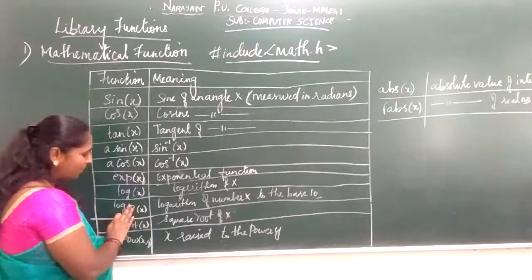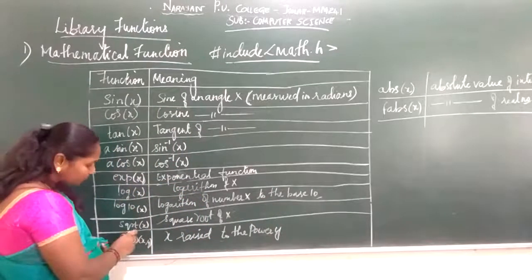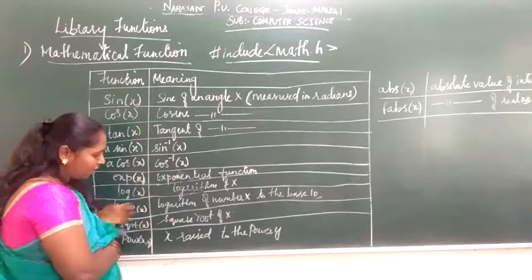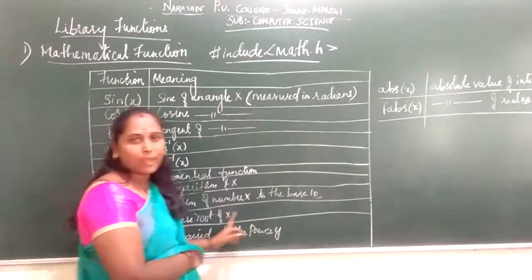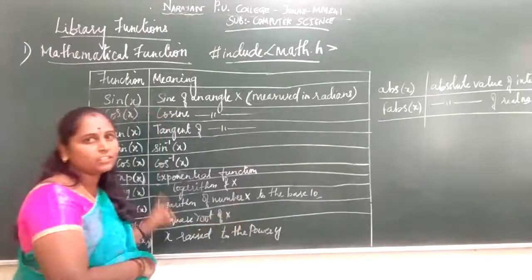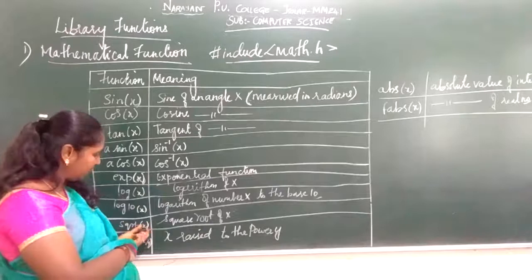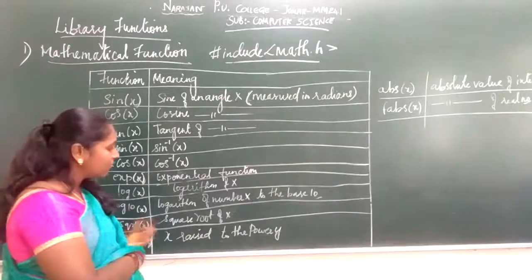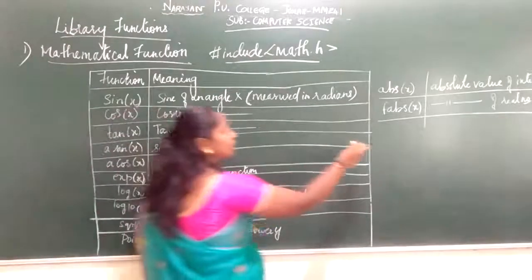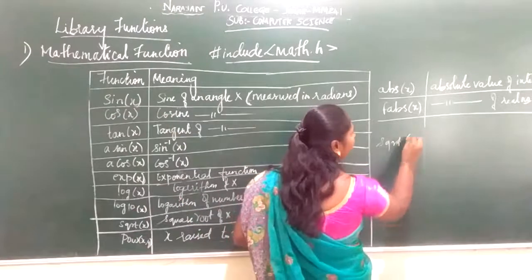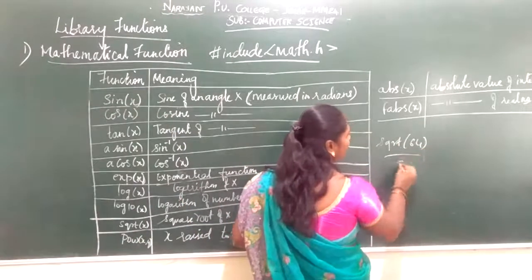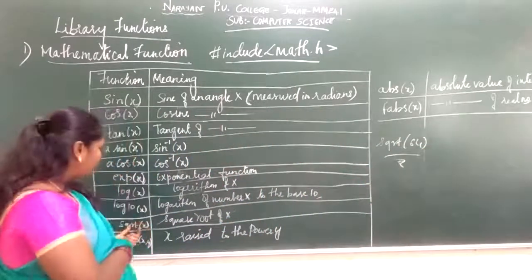Suppose you are using some other base, you mention the base here. Next, sqrt(x) is used to find the square root of a number. For example, the square root of 64 is 8. Like that you can find it.